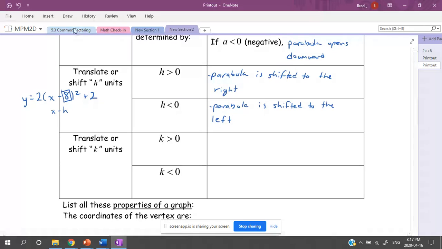So let's say this was x plus 8. If it's x plus 8, the formula is x minus h, so what's actually happening here is it's x minus negative 8. If this is confusing, I would just say always switch the sign in front of the h and you'll have the right answer. So h causes the parabola to shift to the left and to the right.